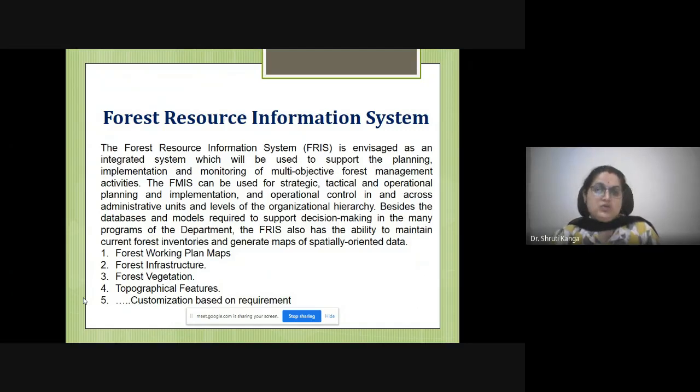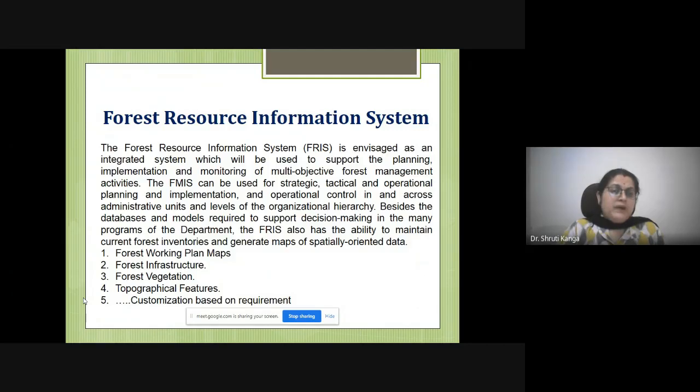So forest resource information system, basically it focuses on the integrated approach where we have a sort of tool where the planning, implementations of those plannings, and different kinds of monitoring which are based on different objectives which are actually related to the different management related activities is considered.